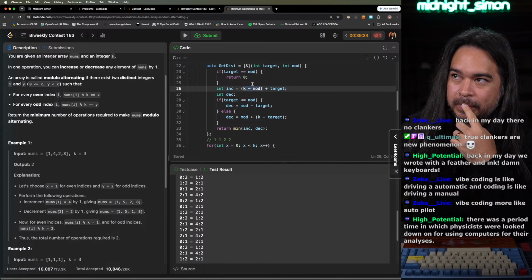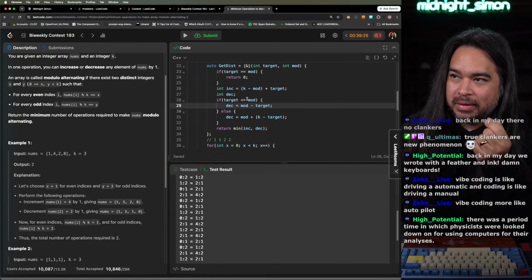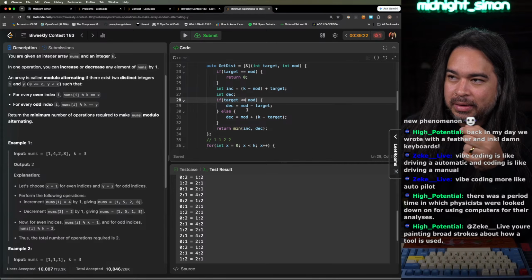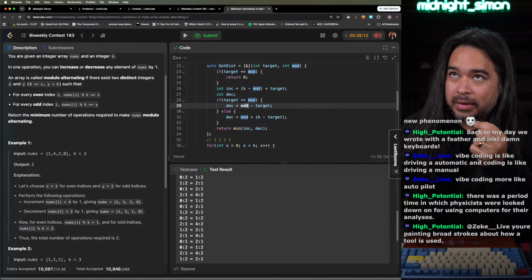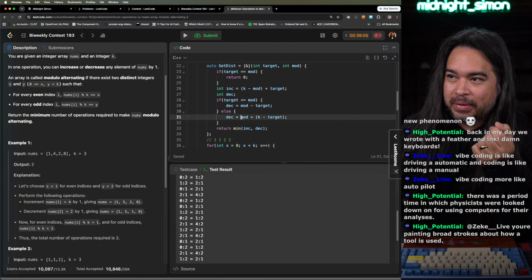1, 2, 2. If we're descending, then the mod minus the target, that's how much we have to decrease by, or increase it.